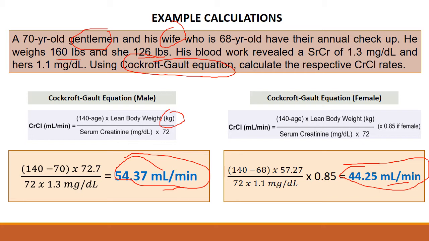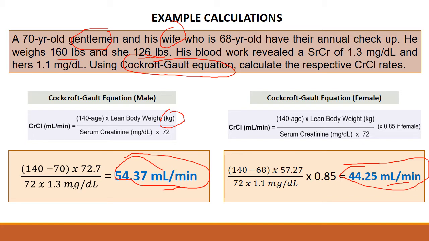For our female patient, we again use the same formula, but you have to multiply by 0.85 if it is a female. So 140 minus age times the weight in kilograms divided by the serum creatinine in milligrams per deciliter times 72 times 0.85 if female. Replace the values, so we have 140 minus 68 times 57.27. Why 57.27?